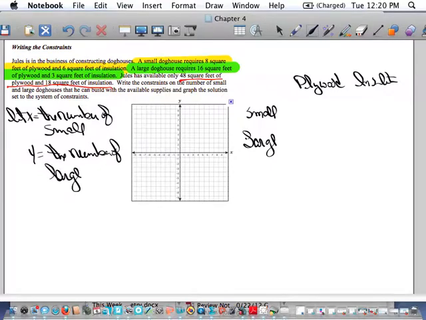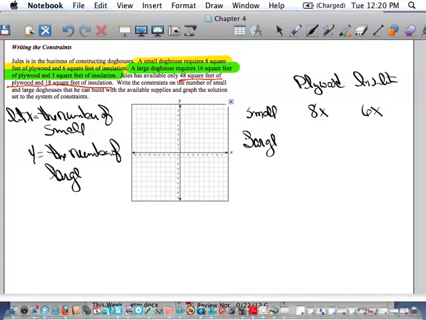So when we look at this, for plywood, I need 8 square feet of plywood. So for every small dog house, I will need 8 square feet of plywood, and I will need 6 square feet of insulation.